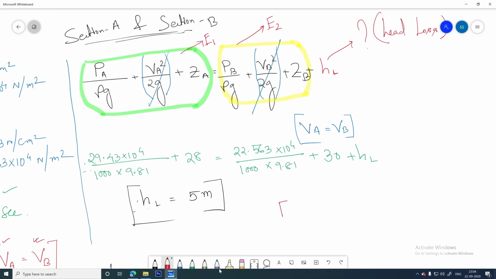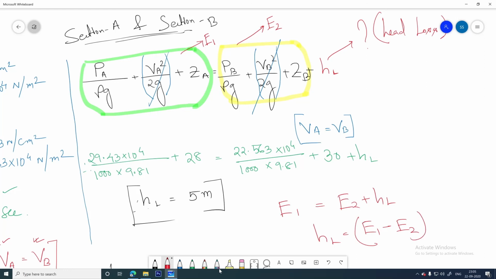So finally you get the equation, E1 equals E2 plus HL. So from that you can determine the value of HL as well. You can determine HL, that will be E1 minus E2.